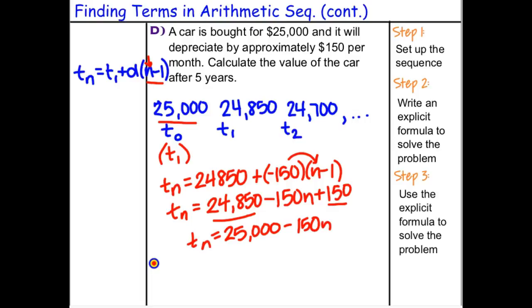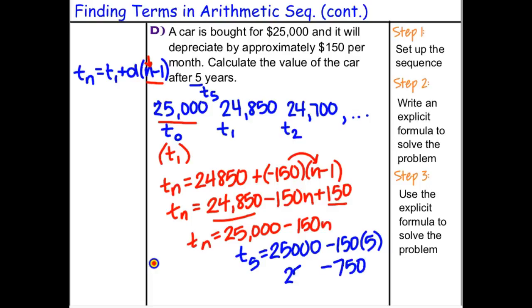We want 5 years, so that's term 5. So if we put in term 5, that's going to be 25,000 minus 150 times 5. Well, 150 times 5: 100 times 5 is 500, 50 times 5 is 250, so that's 750.